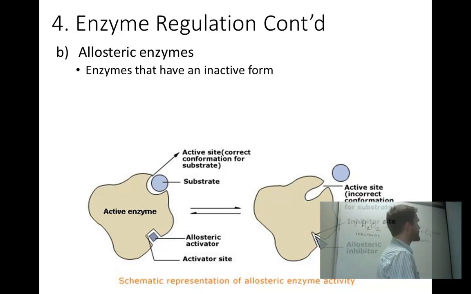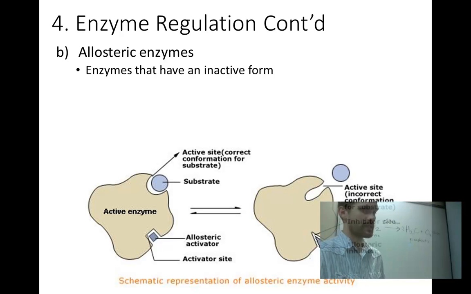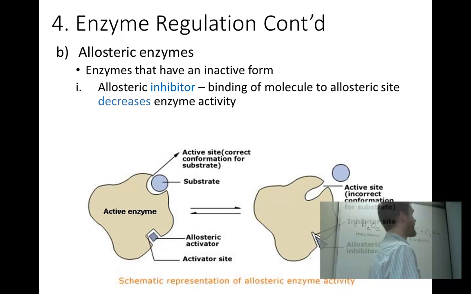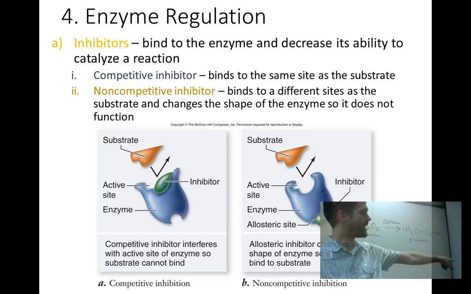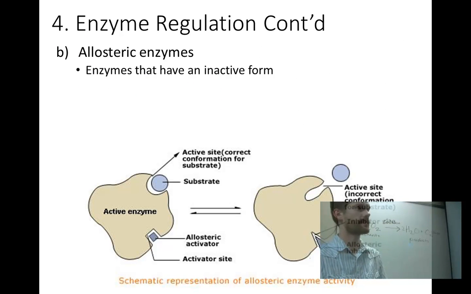Okay, an allosteric enzyme is an enzyme that has an inactive form. An allosteric inhibitor then binds to a molecule at an allosteric site and decreases the enzyme activity. So this enzyme here, is that a competitive or non-competitive inhibitor? Why would you say competitive?